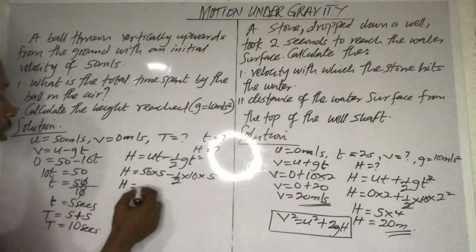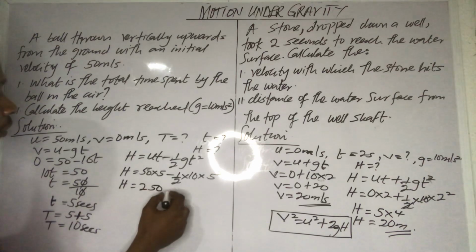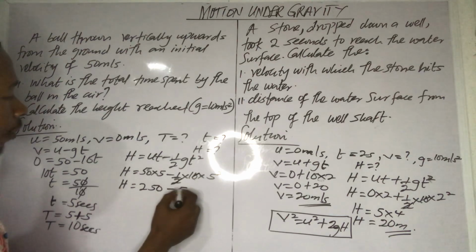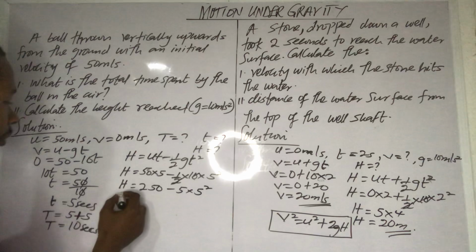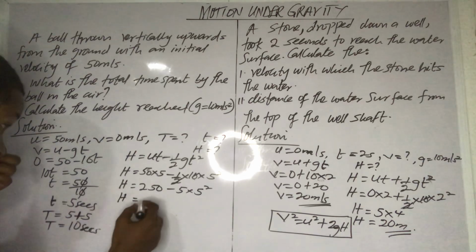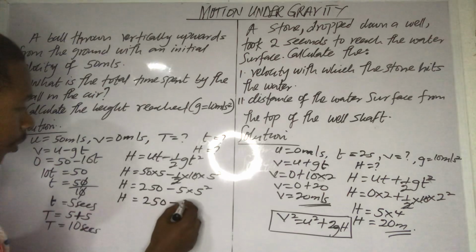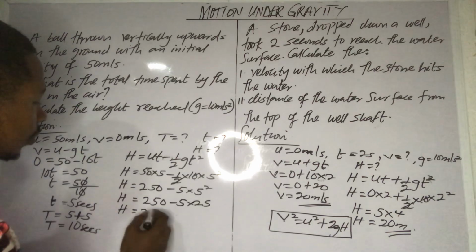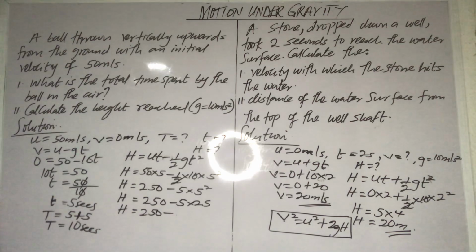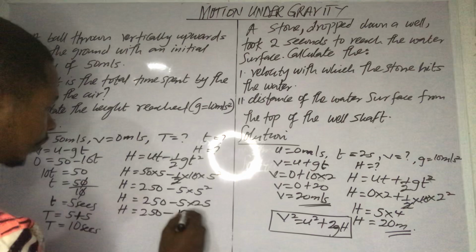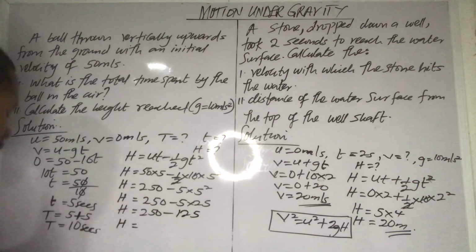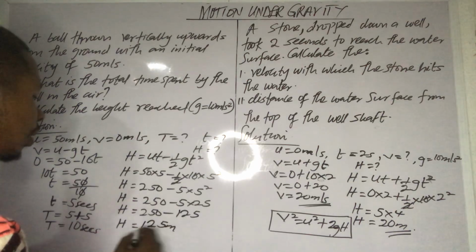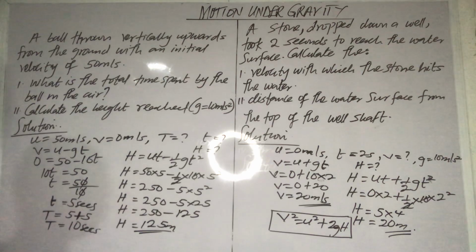So h is equal to 250 minus 5 times 25. So my height is 250 minus 125, that's 125 meters. So that's the height reached by the body.